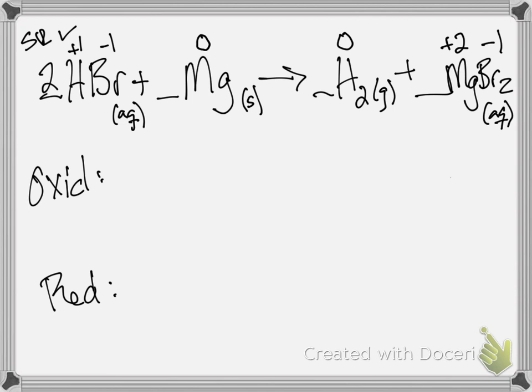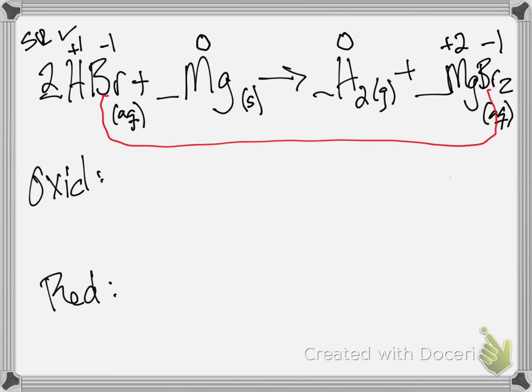So now, this one's slightly different because you can only have one being reduced and one being oxidized, which means one of those elements doesn't play a factor in this equation. Which one does not change in its electrons? Look at bromine.